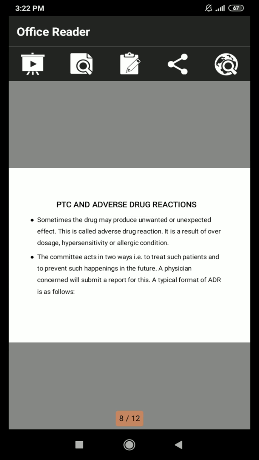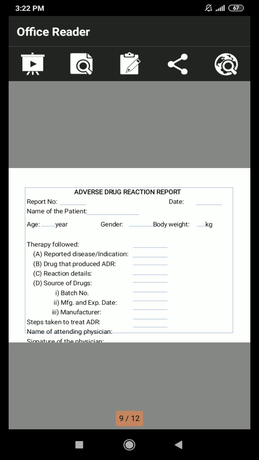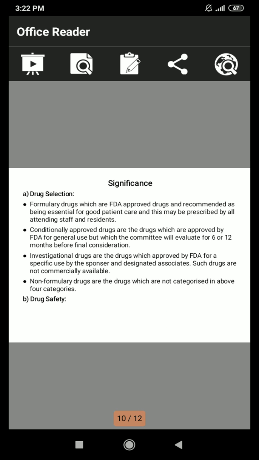Then these are the adverse drug reaction reports. Okay, then significance. In significance, first is drug selection, drug safety, then third is adverse drug reaction, then drug product defect reporting program, then development of emergency drug list, and last is drug utilization review, that is DUR.